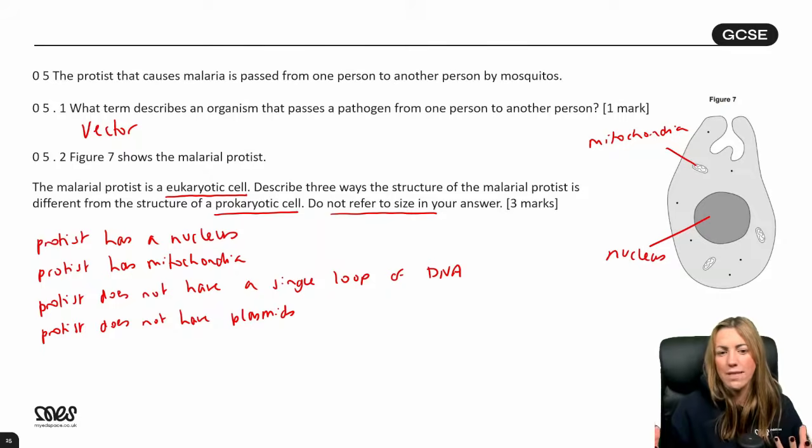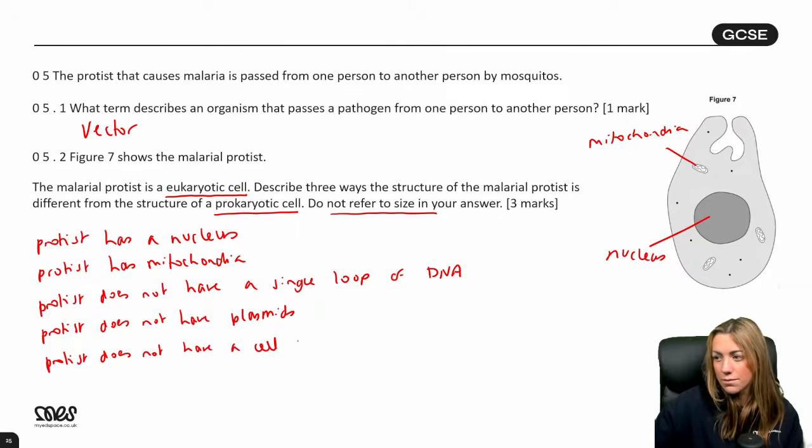Not all prokaryotes have them, but at GCSE we kind of assume that they do. Now here with the protist, we can't see any plasmids, they don't have plasmids, whereas prokaryotic cells do have plasmids. What else? Protist does not have a cell wall, whereas all prokaryotic cells have a cell wall.